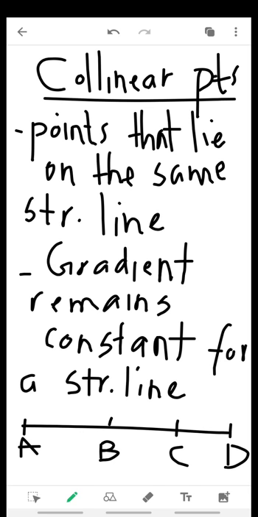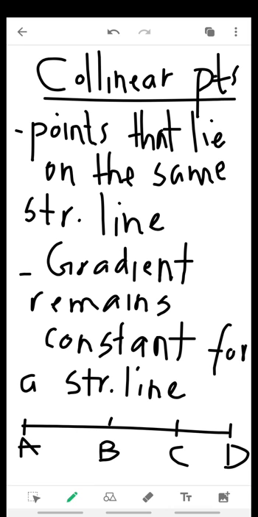So if I am asking you to show that points A, B, C, D are collinear, I'm just saying, show me by calculation that the gradient of AB is equal to the gradient of BC and is equal to the gradient of CD. Obviously, if you have shown me using calculations that those gradients are all equal, then you can conclude, therefore, points A, B, C, and D are collinear because all gradients are the same.